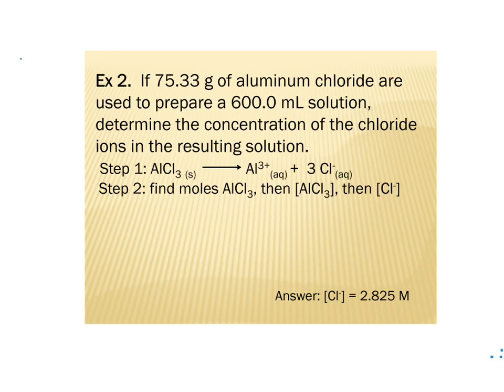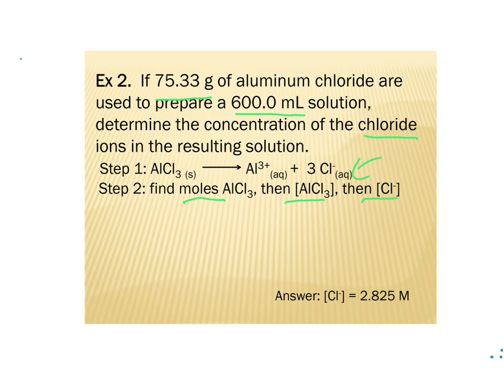Let's look at another question. We want to take 75.33 grams of aluminum chloride and dissolve it in 600 mL of solution. And then we want to find the concentration of chloride at the end. First, we need to write out our dissociation equation, which we have right here. Then, we need to find the moles of aluminum chloride, then the concentration of aluminum chloride, and then finally, the chloride concentration.